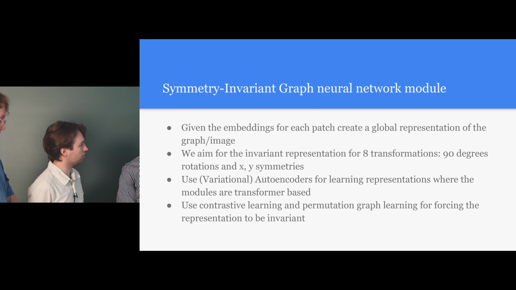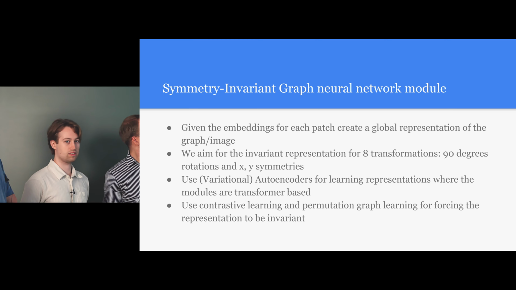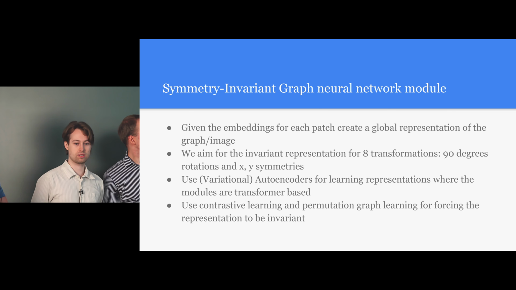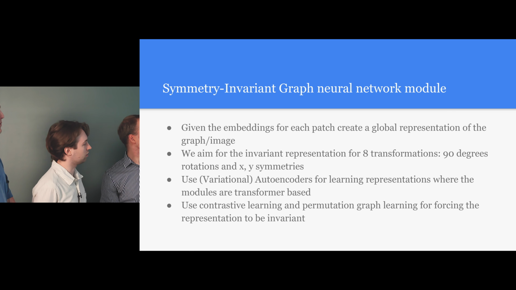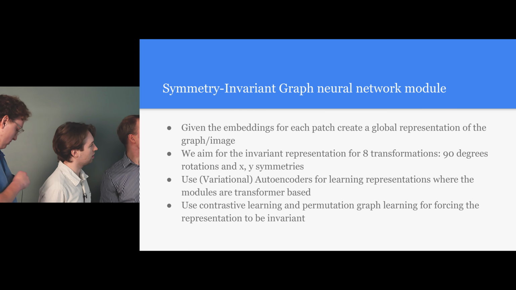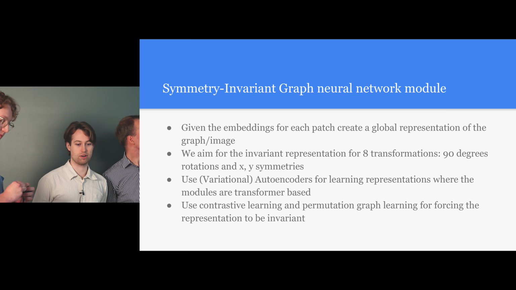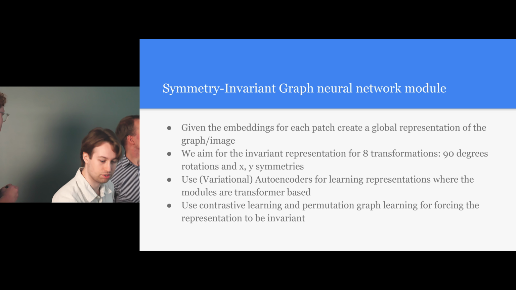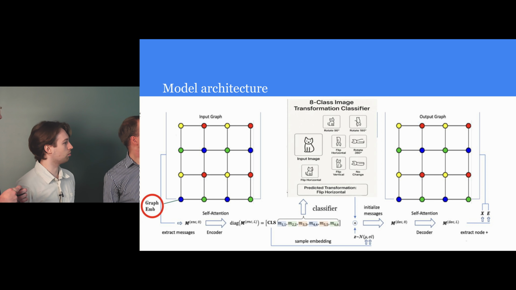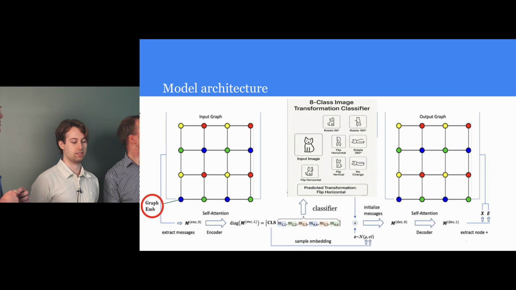And as the final module of our solution, we want to not only have a great embedding for the patches, but also one representation that is global. And we aim for a representation that is invariant to transformations, which are rotations of 90 degrees and symmetries. To do that, we use an autoencoder with contrastive learning. The architecture can look like this. We have a graph representing the image.